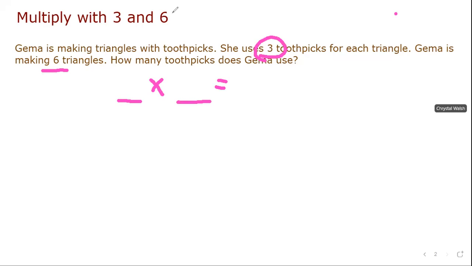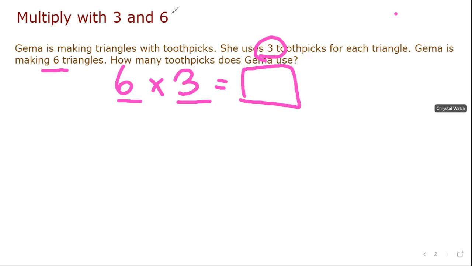Write them down on your paper. What did you write down? 6 and a 3, right, because I'm making 6 triangles, and there's 3 toothpicks in each triangle. Now that we have our multiplication equation, I'm ready to find the product.